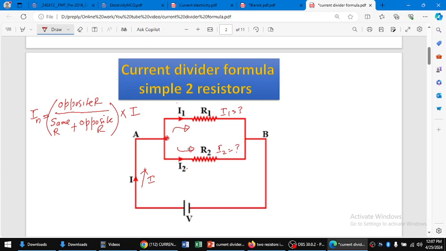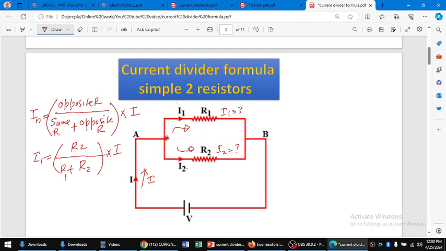Okay, in order to solve, first we find the formula for I1. So I1 is equal to, when we want the current through R1, we need the opposite branch resistance. The opposite branch resistance is simply R2, divided by the same resistance in which the current is flowing, that is R1, plus the opposite resistance R2, and we multiply with the total current I from the battery.